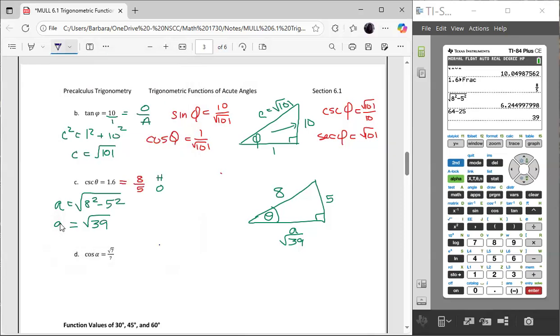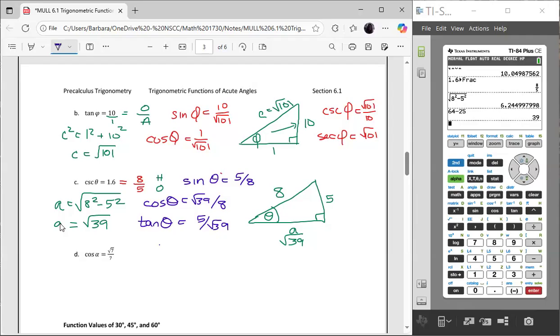Let's see, we have cosecant, so then we should be able to get sine of theta is equal to 5 over 8. The cosine is equal to square root of 39 over 8. And the tangent is equal to 5 over square root of 39.